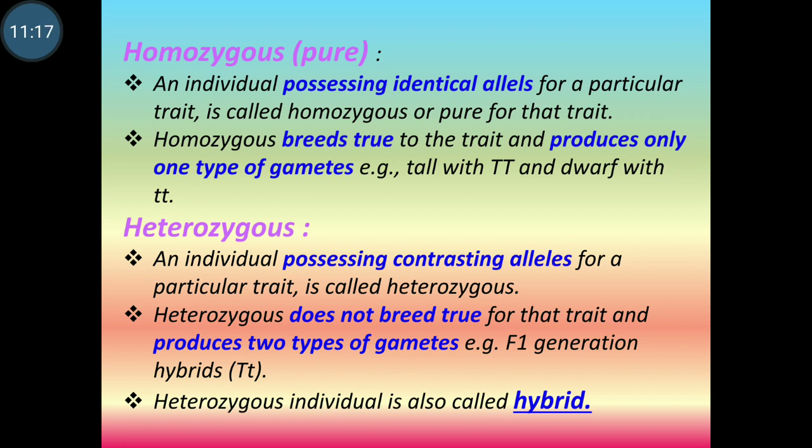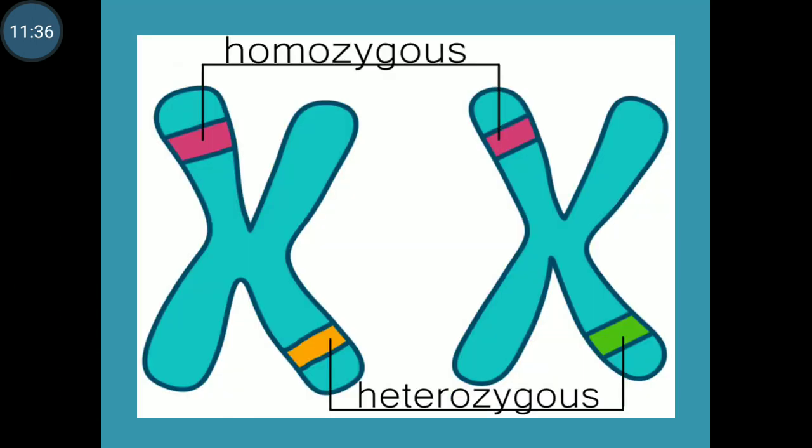Heterozygous does not breed true for that trait and produces two types of gametes. For example, in F1 generation, hybrid is capital T and small t. Heterozygous individual is also called hybrid. Here you can see the alleles which are located on the chromosome, homozygous and heterozygous.